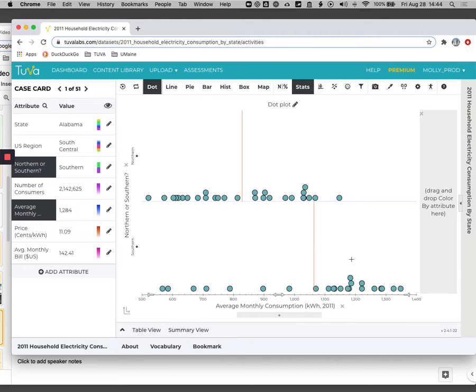Are these two distributions different? What would you say? I would say this one's offset a little bit to the right. The means are certainly quite different. The ranges are similar. This one has a little bit of a bigger range.